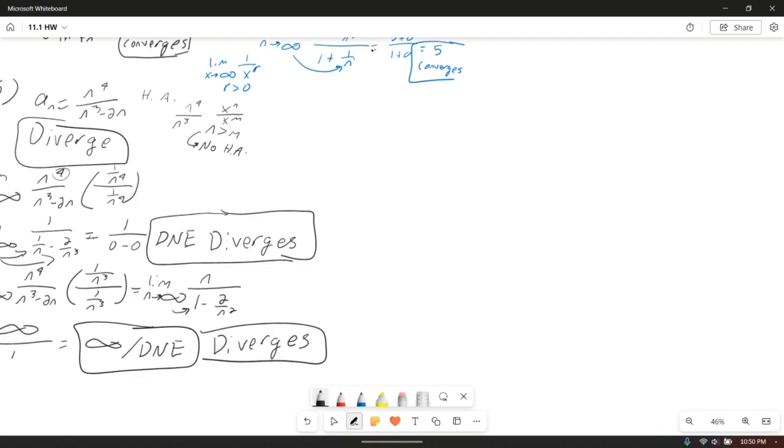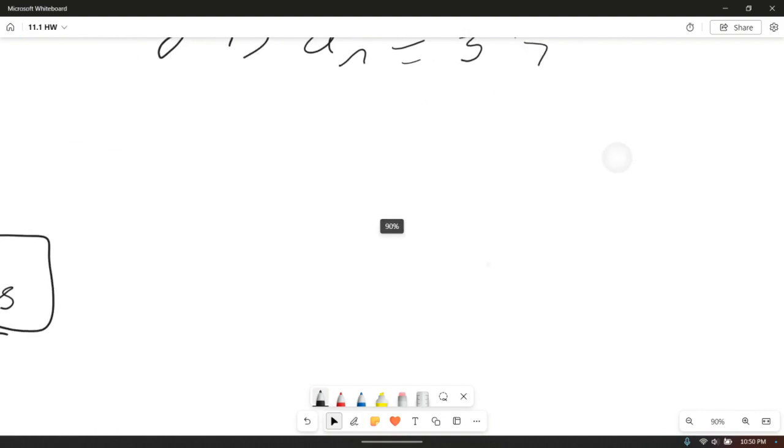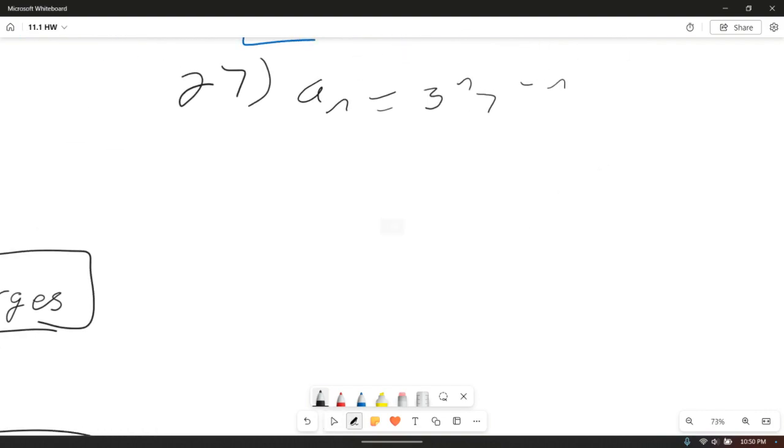Okay, this one uses a rule that I never saw in Calc 1. Everything so far has been kind of Calc 1-esque. Depending on your professor, I'm sure this rule was shown in some lecture at one point, but I'm just going to rewrite this as 3 over 7 to the n.